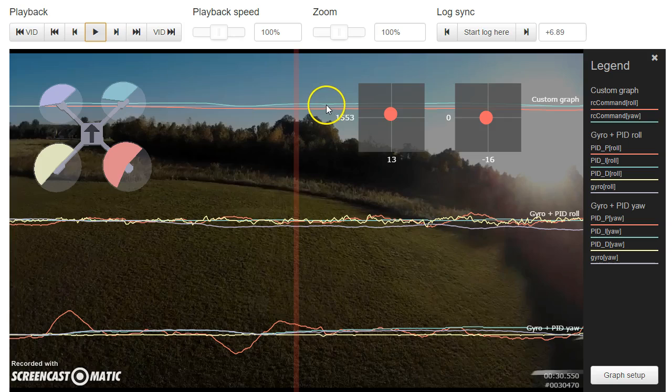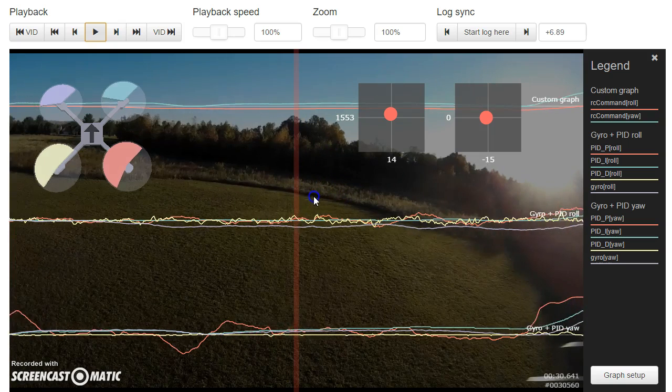So left yaw, the trace goes positive, and left roll, the trace goes negative. That's always been a little confusing to me ever since I started using Blackbox. You would expect them to go to the same direction for a coordinated turn and the opposite direction for an uncoordinated turn. That's not the case. So when you see yaw go one way and roll go the other way, that is a coordinated turn.